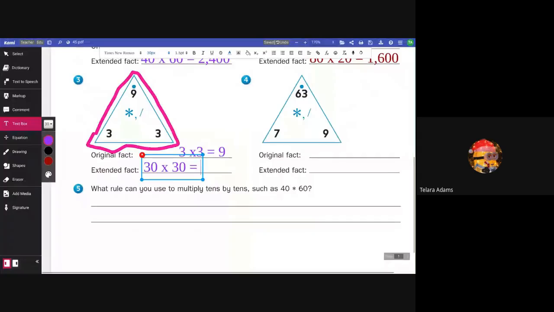Okay, back to the matter at hand. 3 times 3 equals 9, and I'm adding my 2 zeros to the end. Guys, I can't stress enough. I'm not just simply adding zeros, but we are extending these facts by multiples of 10. That's what's happening here. I'm not just adding zeros for fun, but I want these factors to be a multiple of 10.